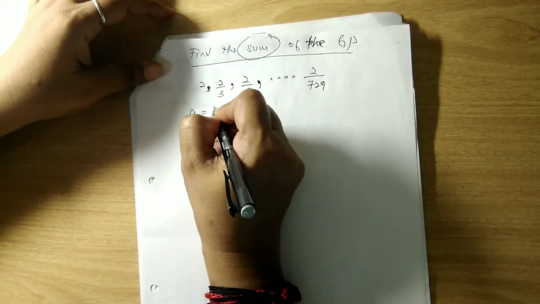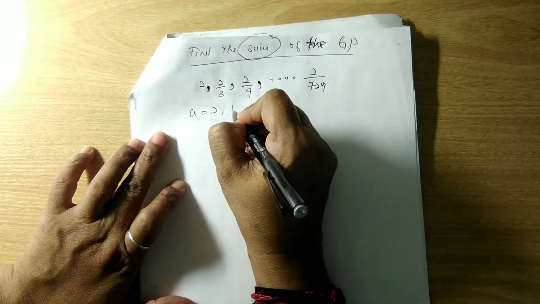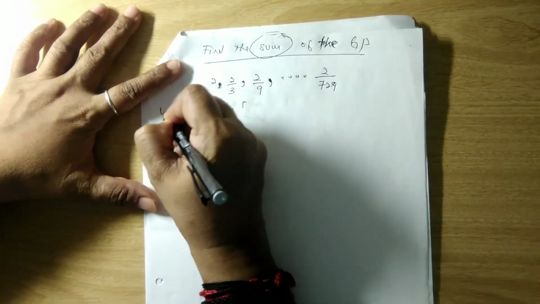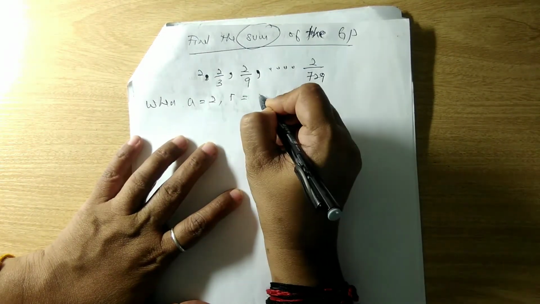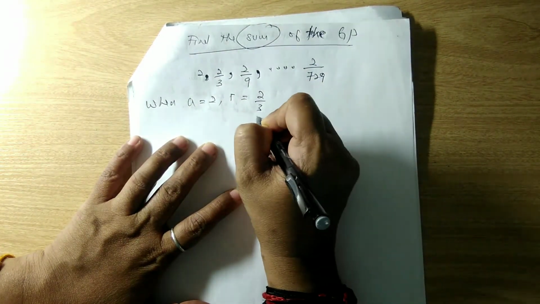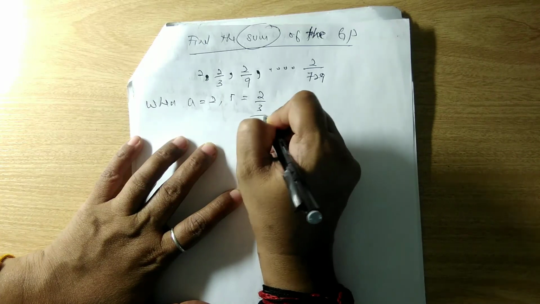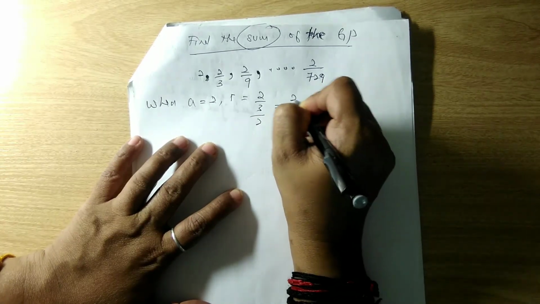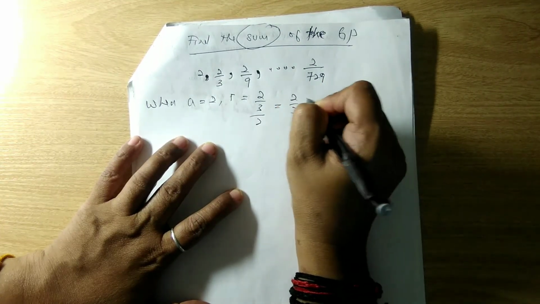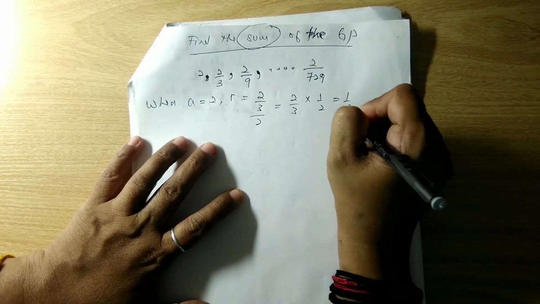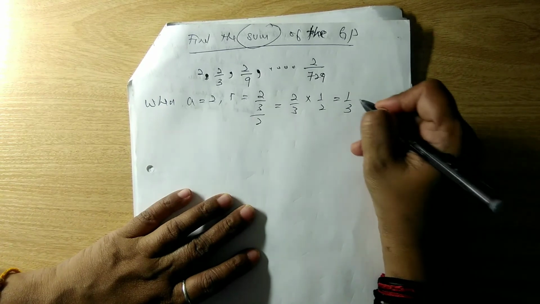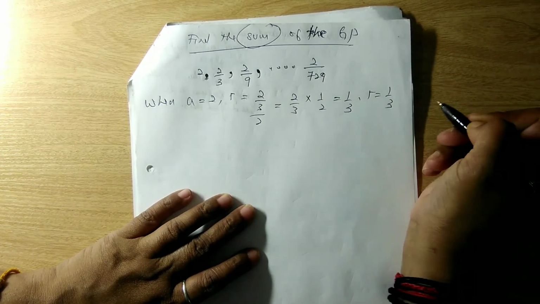My a is 2, my r is (2 over 3) divided by 2, so r is 1 over 3. The r value is 1/3.